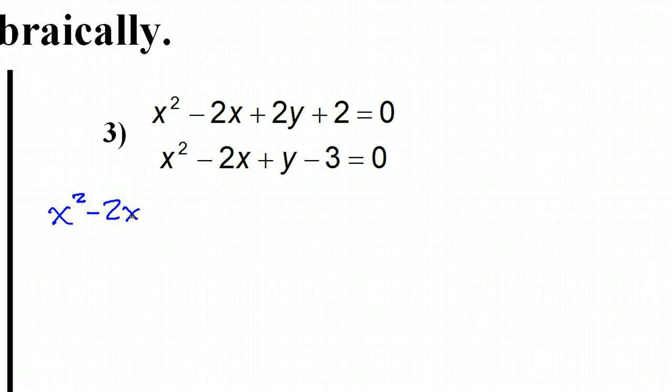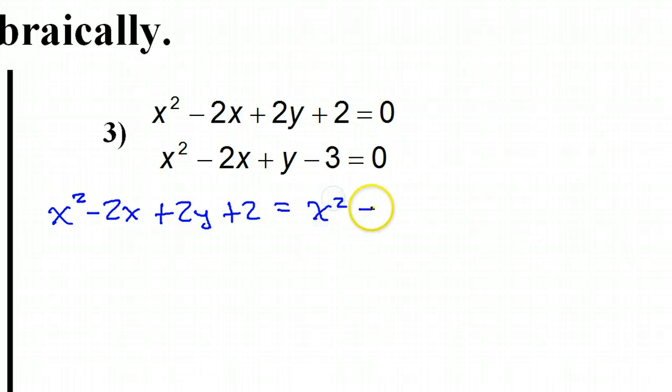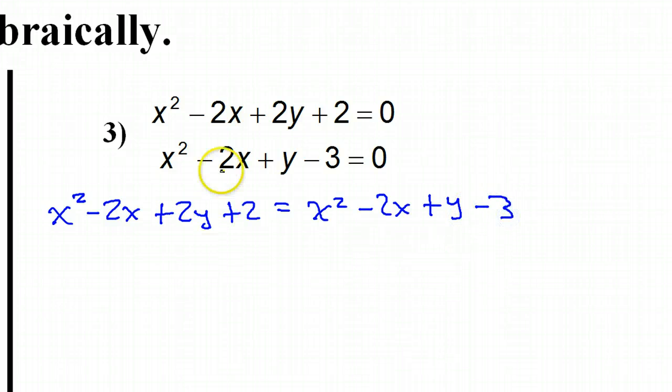So x squared minus 2x plus 2y plus 2 equals, now the other equation, x squared minus 2x plus y minus 3. They both equal 0, so they should equal each other.